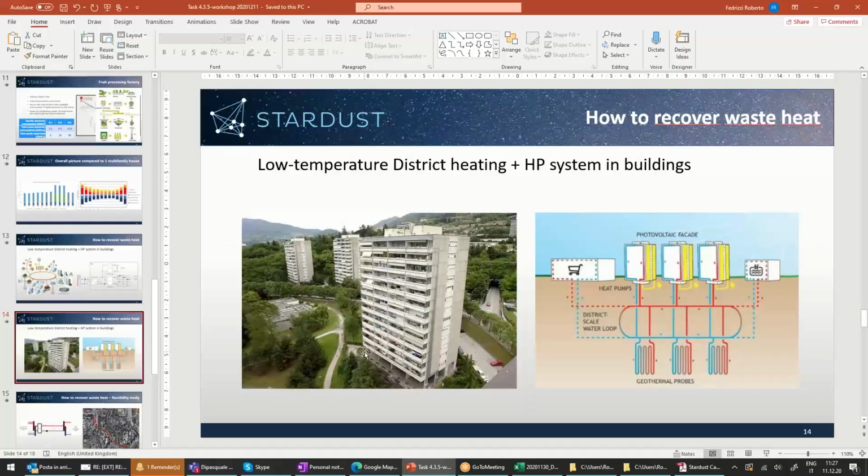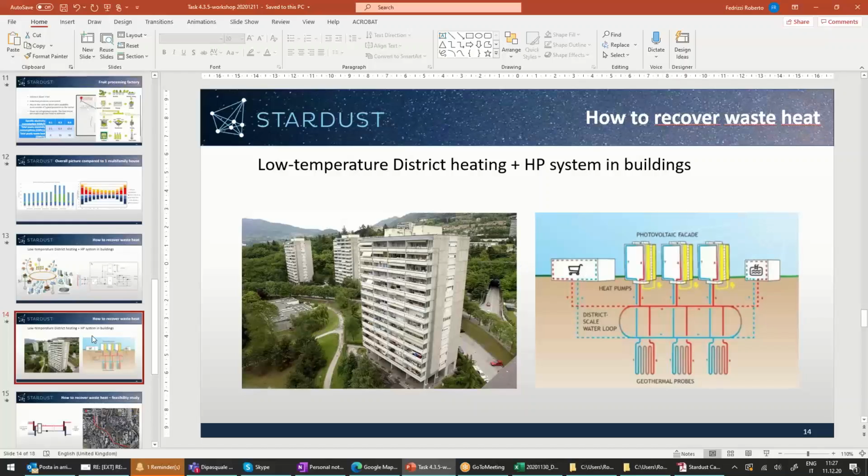So again, connecting this geothermal system to waste heat that is coming from this production site, as I showed you before, would allow to improve or increase the temperature of the water from the ground, and therefore increase the performance of the heat pumps in each of the dwellings, and therefore again reduce the electricity consumption.